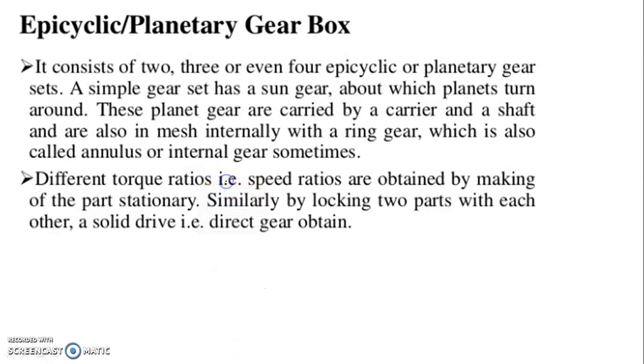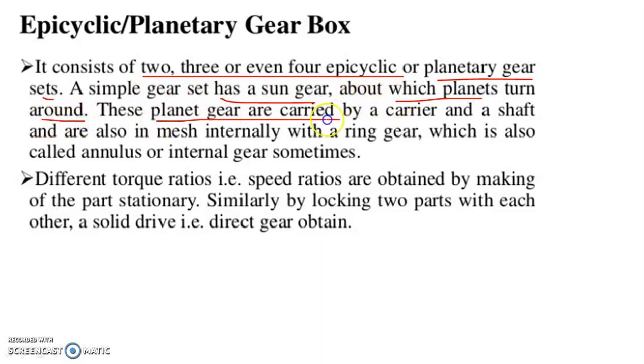Now let us understand what is epicyclic gearbox, also called a planetary gearbox. So epicyclic gear train, epicyclic gearbox, planetary gearbox, these are the same things. It consists of 2, 3 or even 4 epicyclic or planetary gear sets. A simple gear set has a sun gear about which planets turn around.